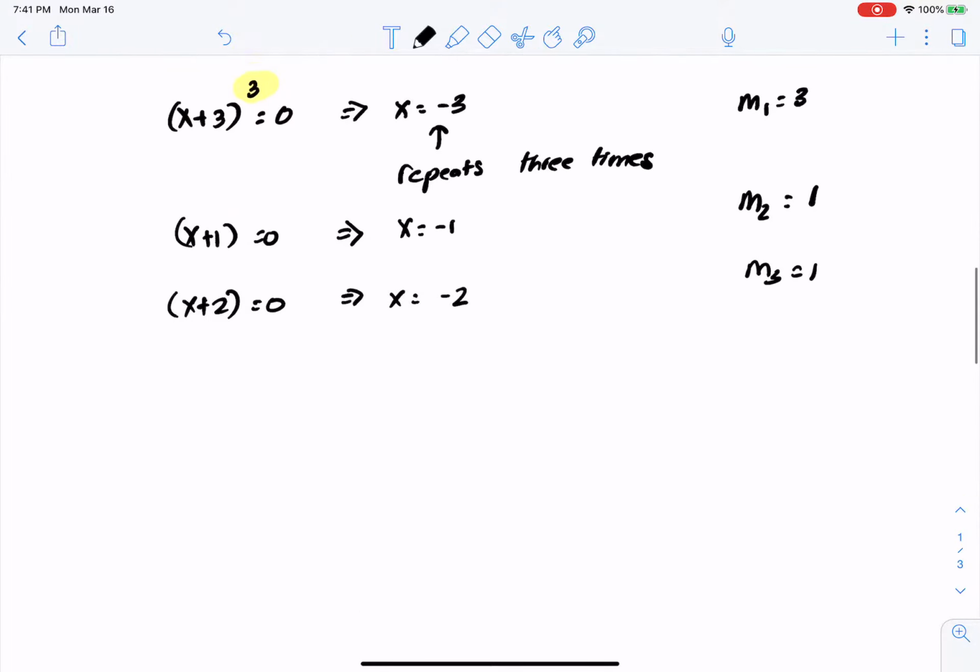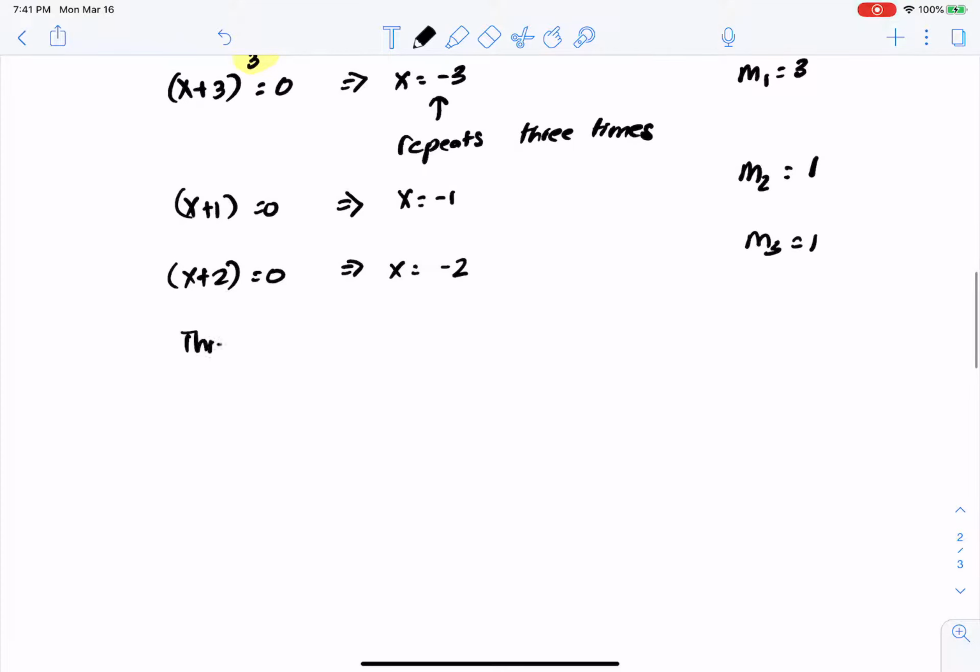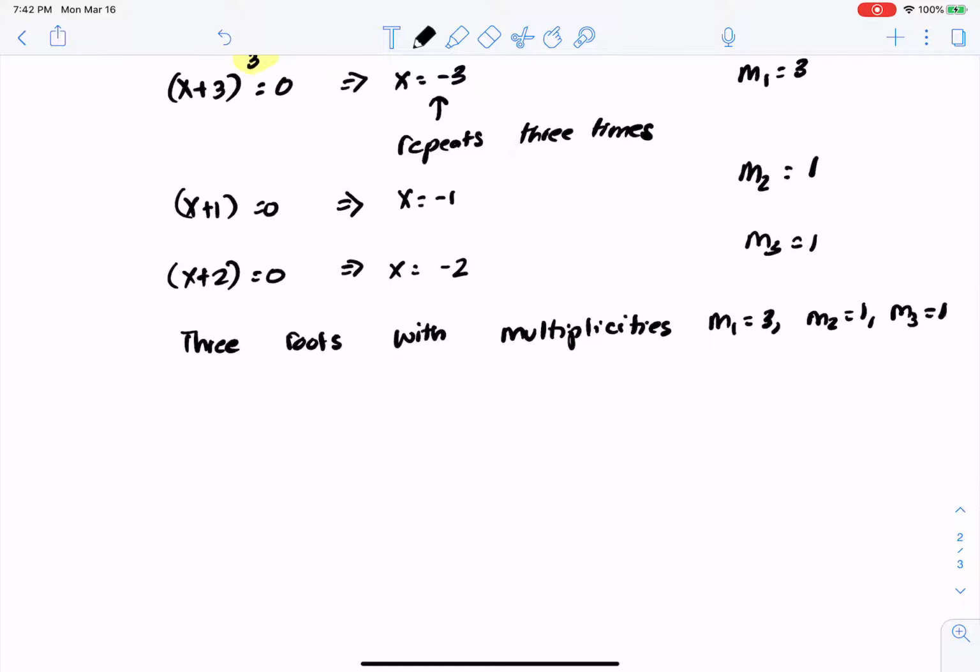So we have three roots with multiplicities m1 equals 3, m2 equals 1, and m3 equals 1.